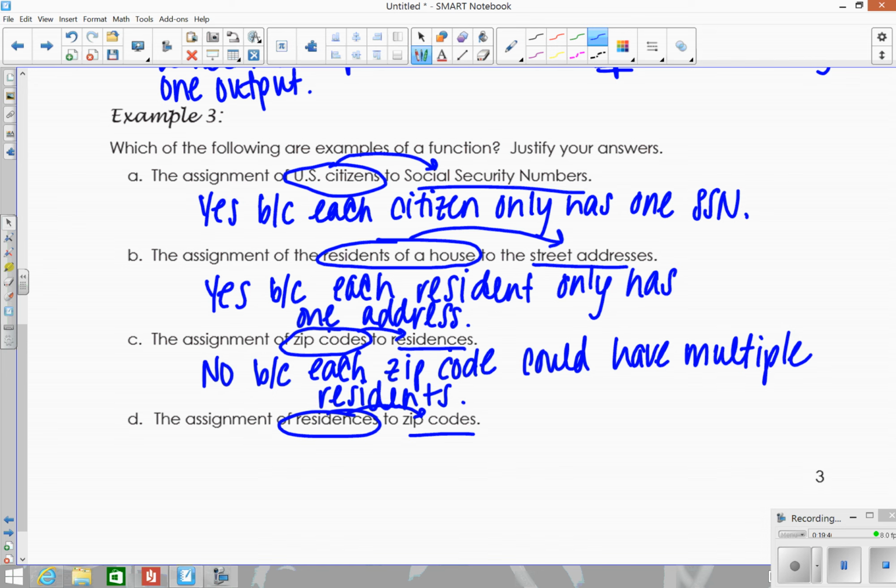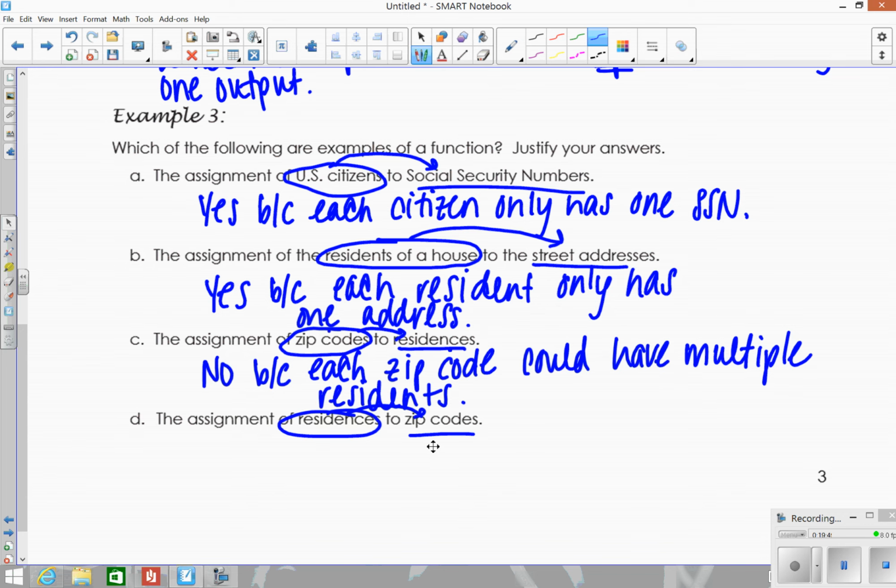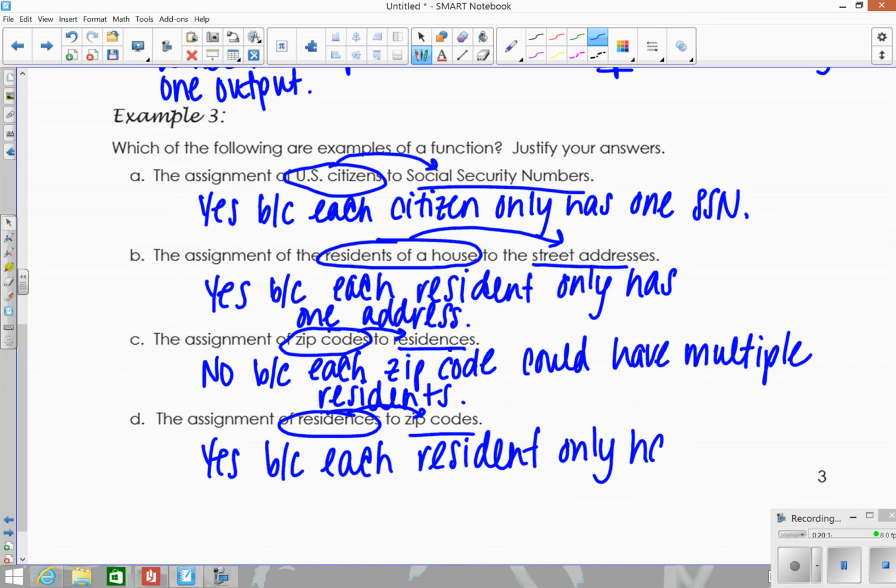You're going to have multiple residents all going to the same zip code, but that's okay because when you look at is it a function, you're looking at the input. I'm looking at one particular resident and it's only going to one thing. Every one resident only goes to one zip code. So yes, this is a function because each resident only has one zip code.